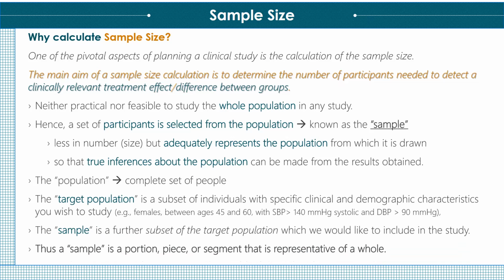For example, females between the ages of 45 and 60 with systolic blood pressures greater than 140, diastolic greater than 90. And the sample is a further subset of this target population, which we would like to include in the study. Thus, a sample is a portion, piece, or segment that is representative of a whole.